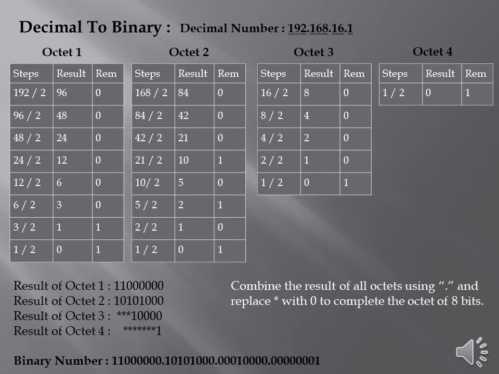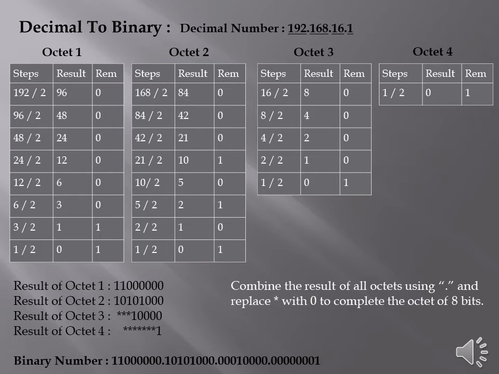So again we get the result of octet 3, but this time it is giving only 5 bits. So in place of the remaining 3 bits we can add 0 because we have only 5 bits in the output of this octet 3. So we will add 0, 0, 0 in place of the first bit, second bit and third bit, which are missing.